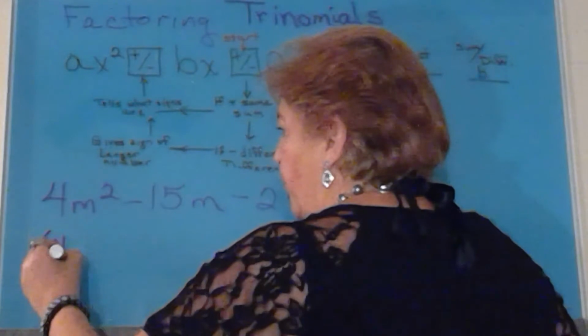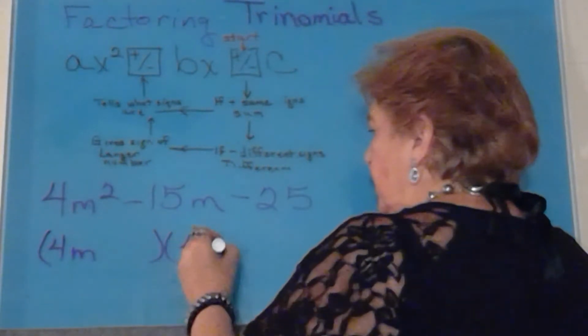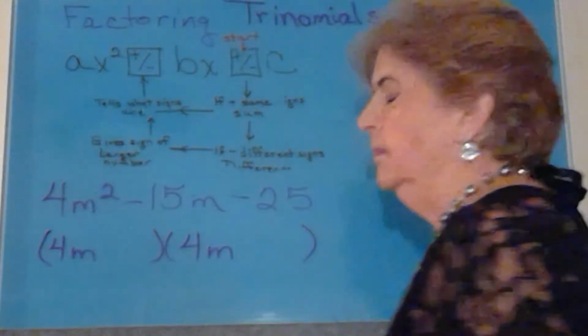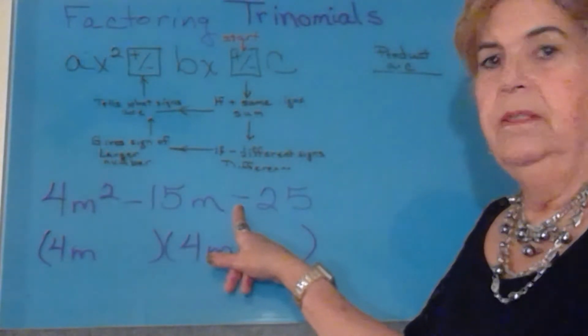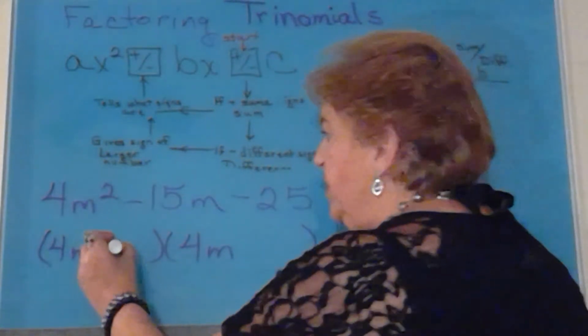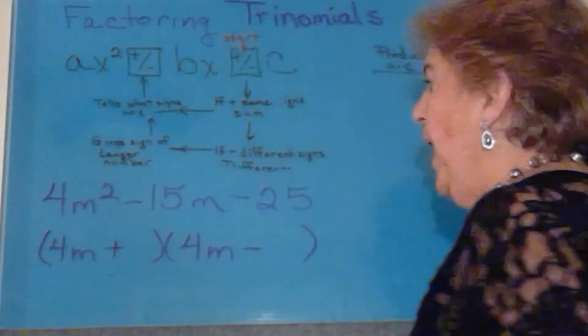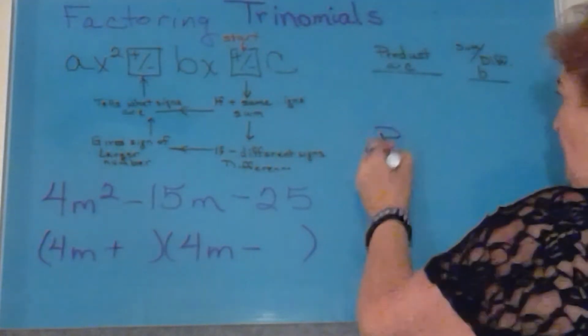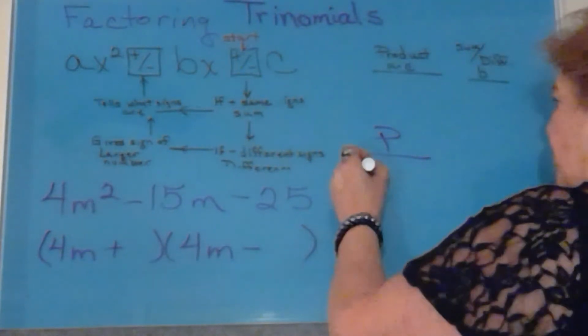We start with 4m in the beginning of our parentheses. The minus tells us that we have different signs. And then I'm looking for a product that's the same as 4 times 25.